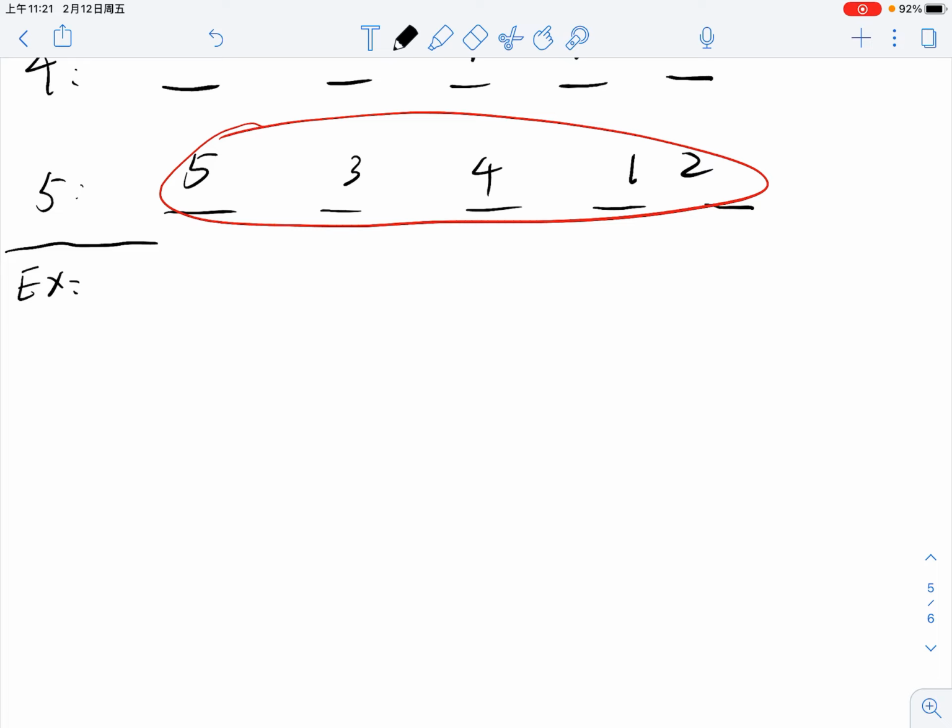Okay, next, I just want to remind you that although we didn't mention it before, in linear algebra we already know this and use inversions a lot.